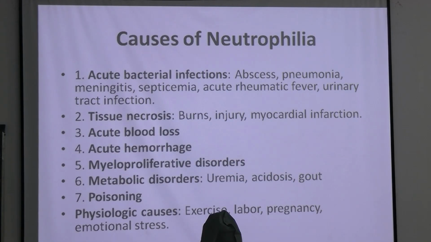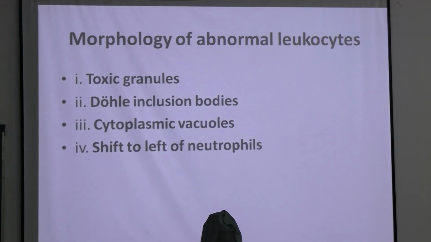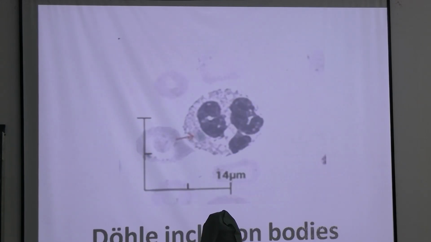Any kind of bacterial infection, very good. Any kind of inflammation. Also it can be due to necrosis like acute myocardial infarction, and there are some physiological causes. Yes, very good. Stress, pregnancy, exercise, it can get raised. I am not going into detail of this, it will not be required.